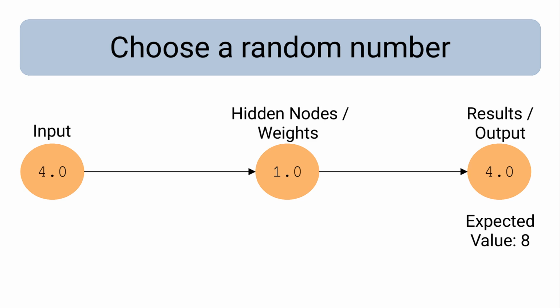So we go through the process. We take 4.0, we multiply it by 1.0, and then it gives us the output of 4.0. The expected value, based on our training data, is 8. Therefore, we have a pretty big loss, so we need to increase the weight of this node.